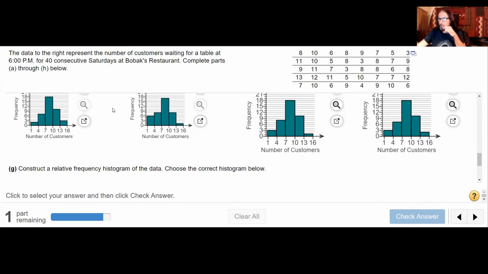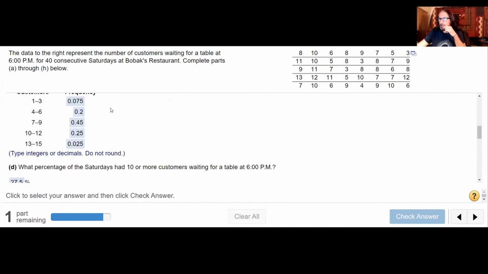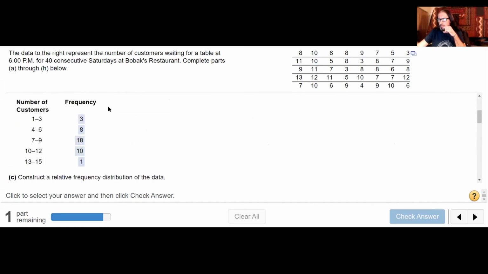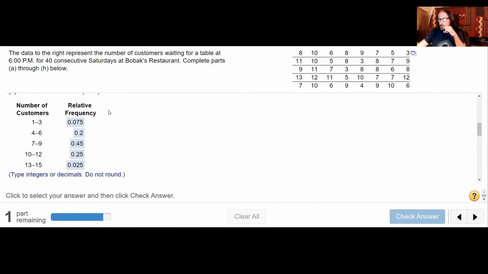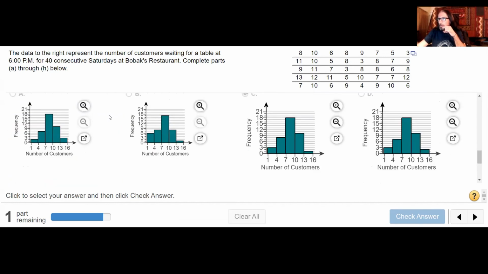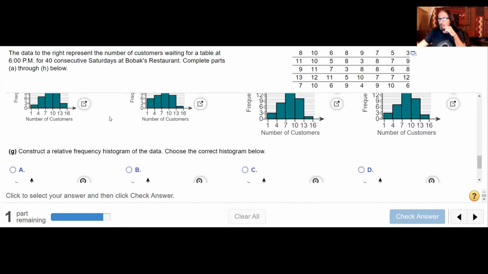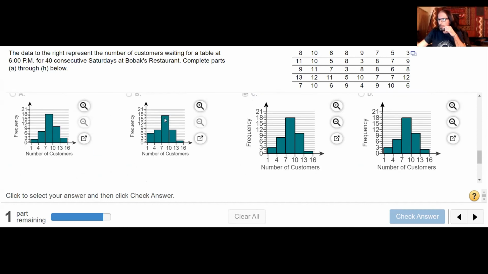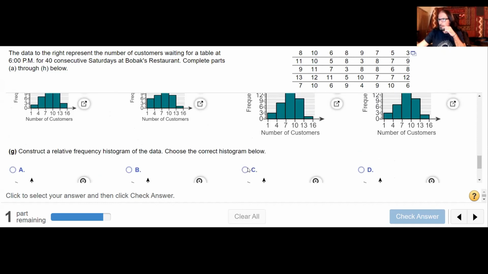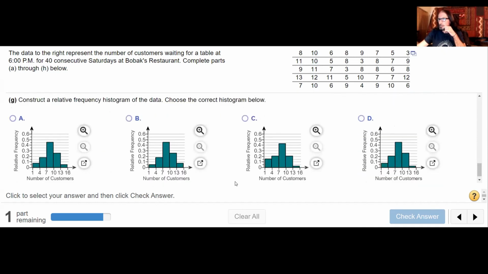The next thing they're going to ask us for is a histogram based on the relative frequencies. And you could do comparisons of heights in general to narrow some things out, then start looking at the specific numbers in our relative frequency table. However, the shape should be very much the same as what we chose in C there for the histogram based on our frequency table.